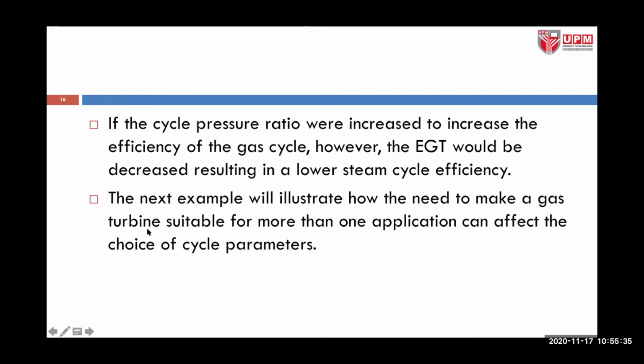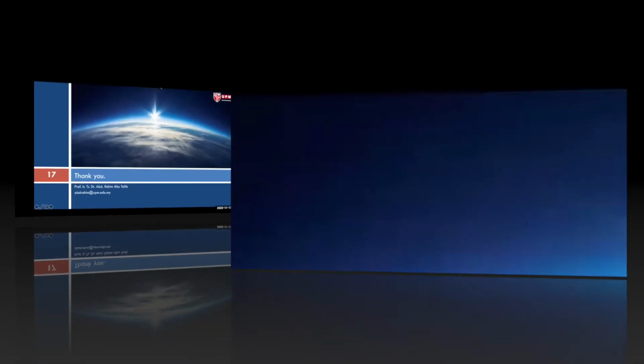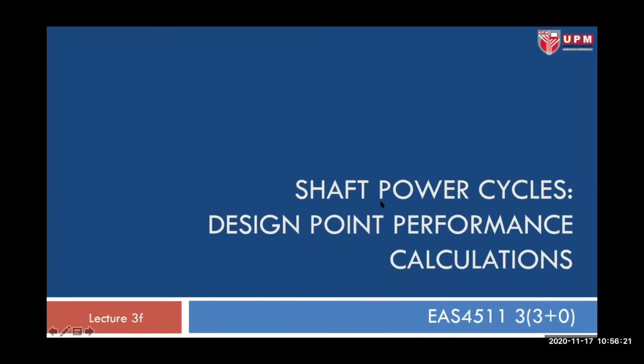Right? The next example, example 2.3, will illustrate how the need to make a gas turbine suitable for more than one application can affect the choice of the cycle parameters. So that leads us to example 2.3 now.